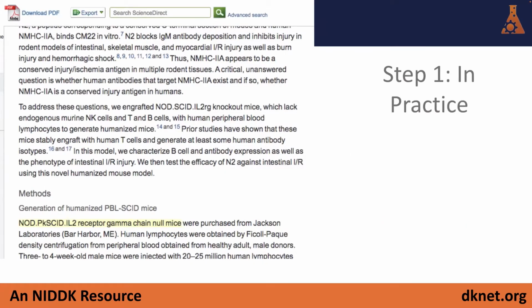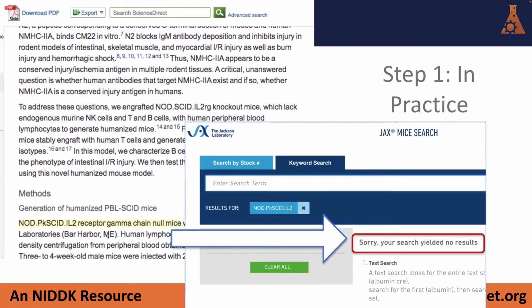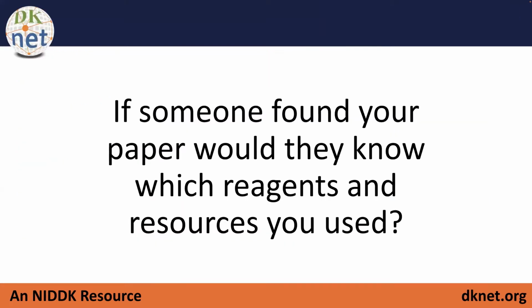In practice, this is what you see in many older papers, where you have some mice described, they're from Jackson Laboratories, but nothing else is really there to help you identify what that is. And if you go to Jackson Labs and try to search for this, you don't get any search results.